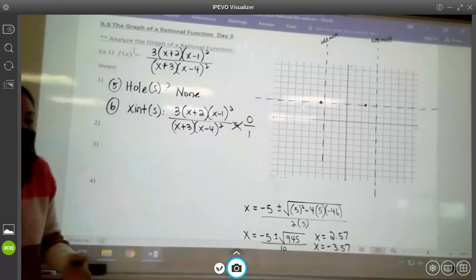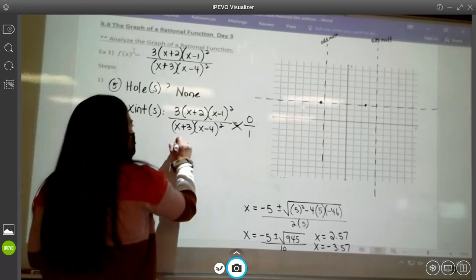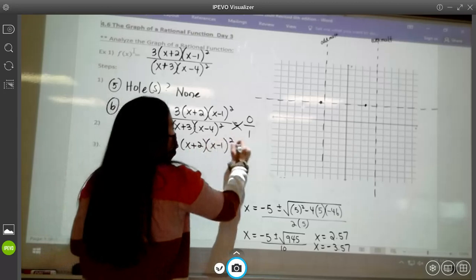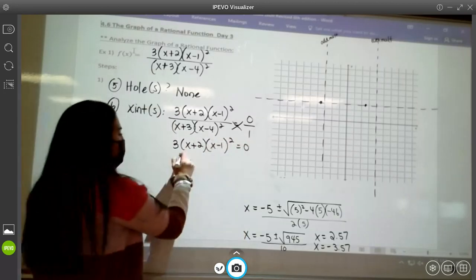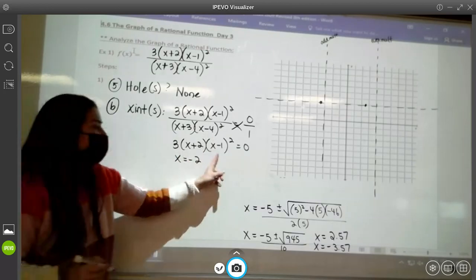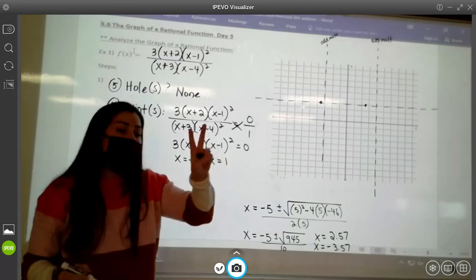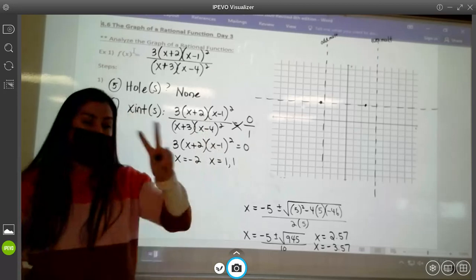So again, in reality, it's just the numerator who ends up being set equal to 0. All right, I can divide the 3 out. He's gone. I'm going to get x equals -2 is one of my x-intercepts. And I'm going to get x equals 1. But guys, if you notice, there's really 2 factors of x minus 1.